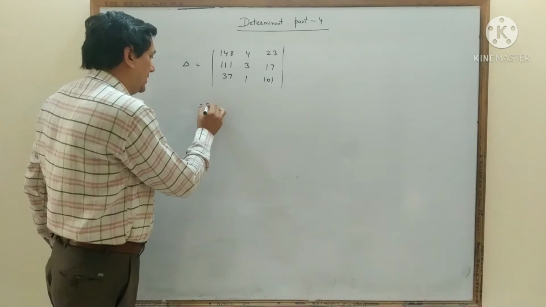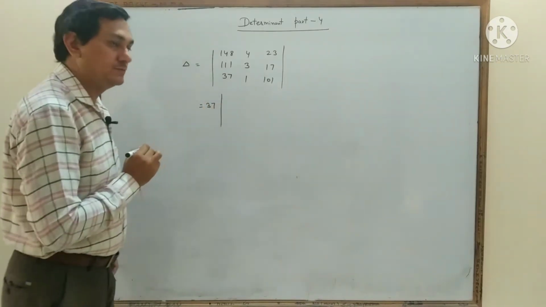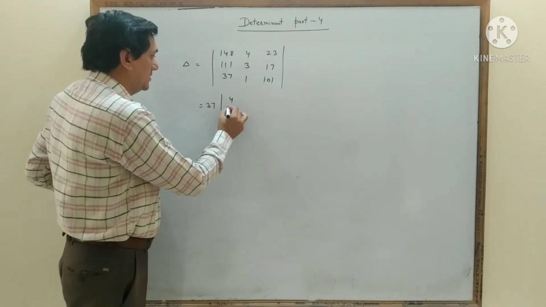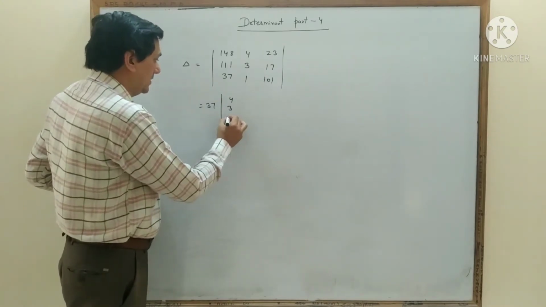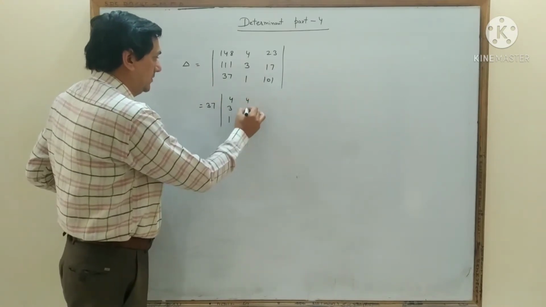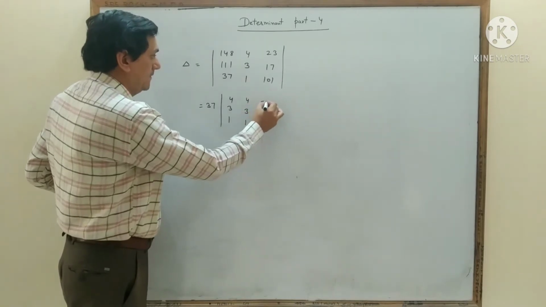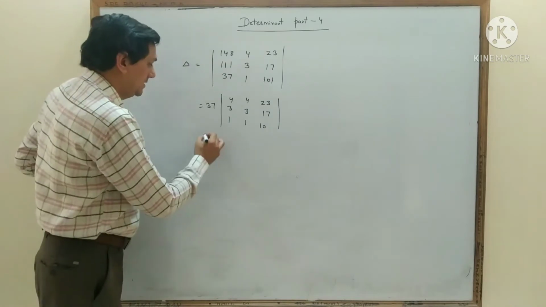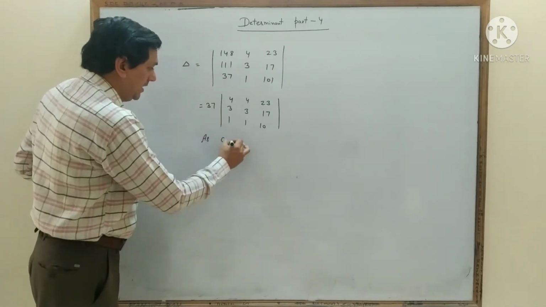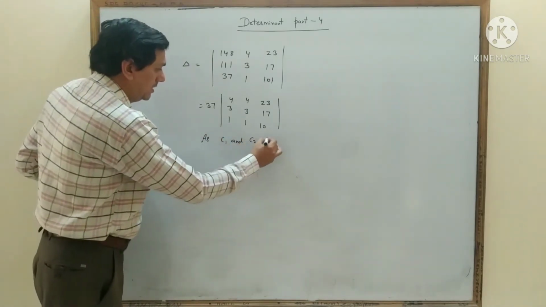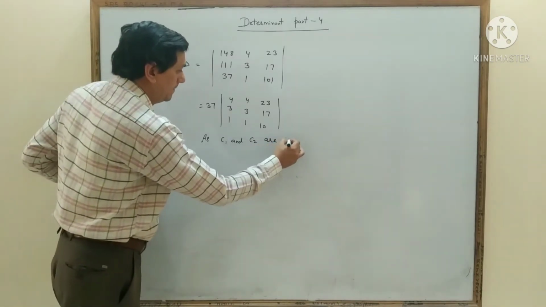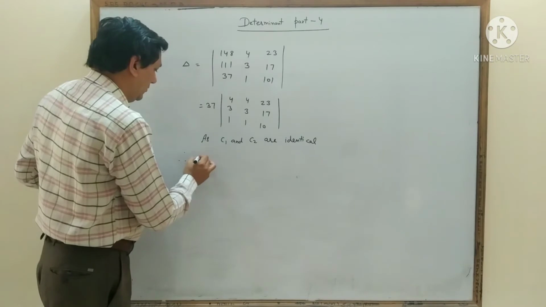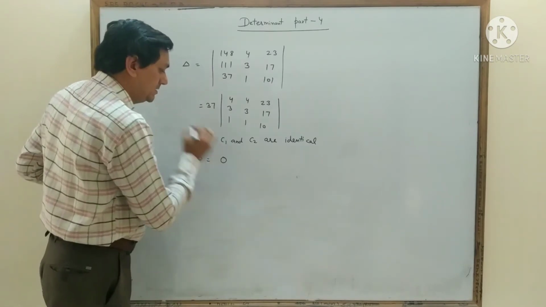So we can take 37 common. 37 4s are 148, 37 3s are 111, and 37 1s are 37. Now what do you observe is that as C1 and C2 are identical, therefore the value of the determinant is 0.